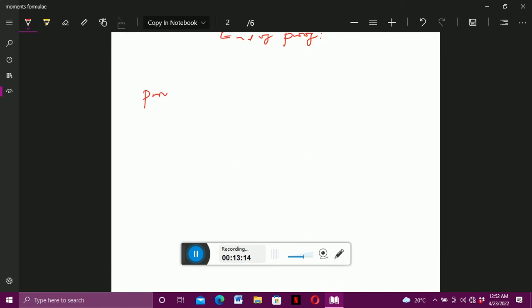So we say prove that mu3, which is the third moment about the mean, is mu3 prime minus 3 mu1 prime mu2 prime plus 2 mu1 prime, and that is cubed. We would like to prove that.